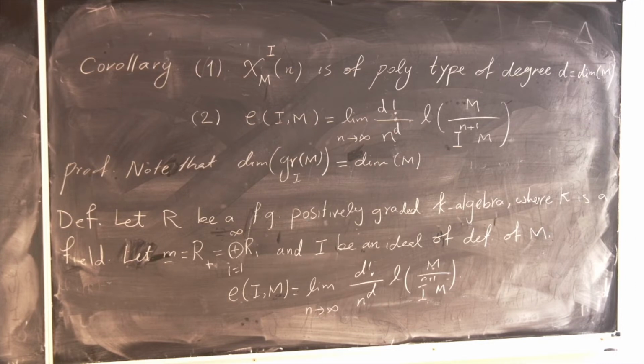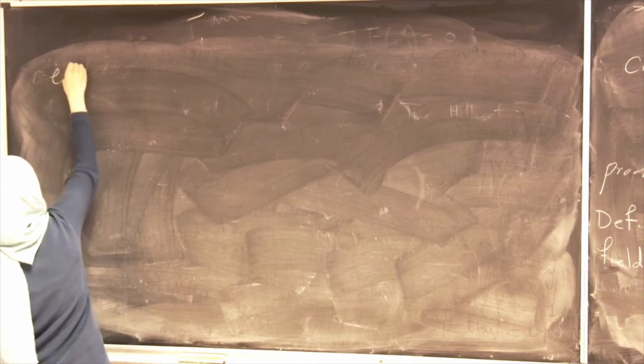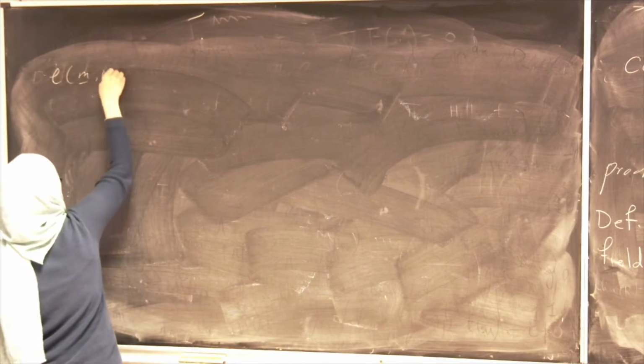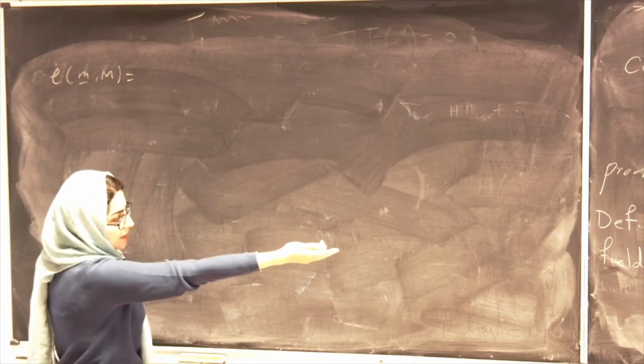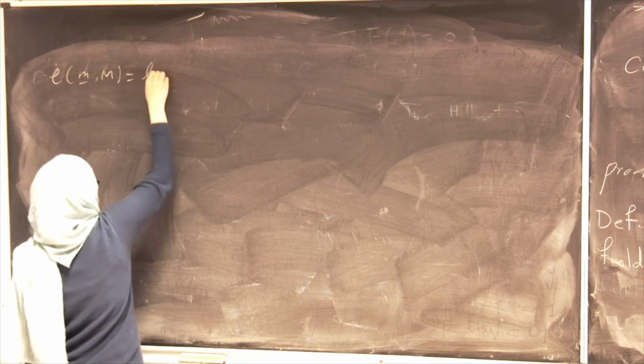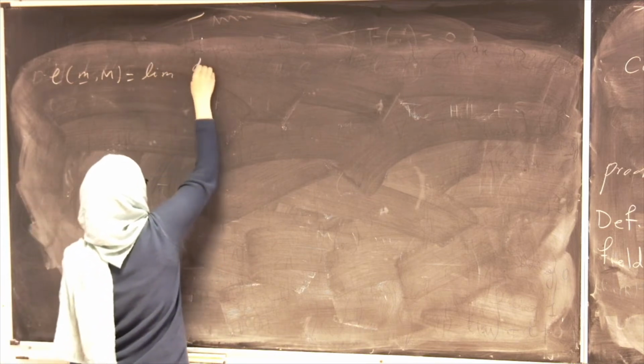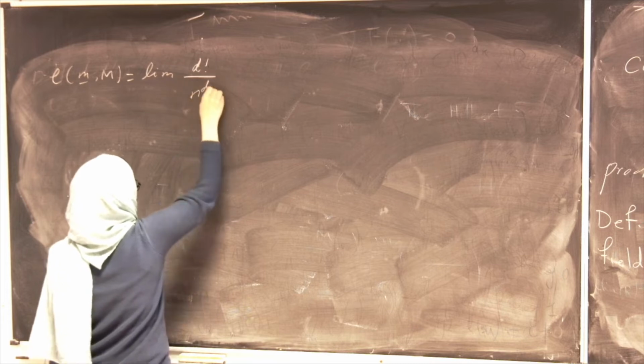So what I'm going to tell you is that multiplicity, by this definition, is this limit, and from yesterday's result, we have that multiplicity is equal to this limit.